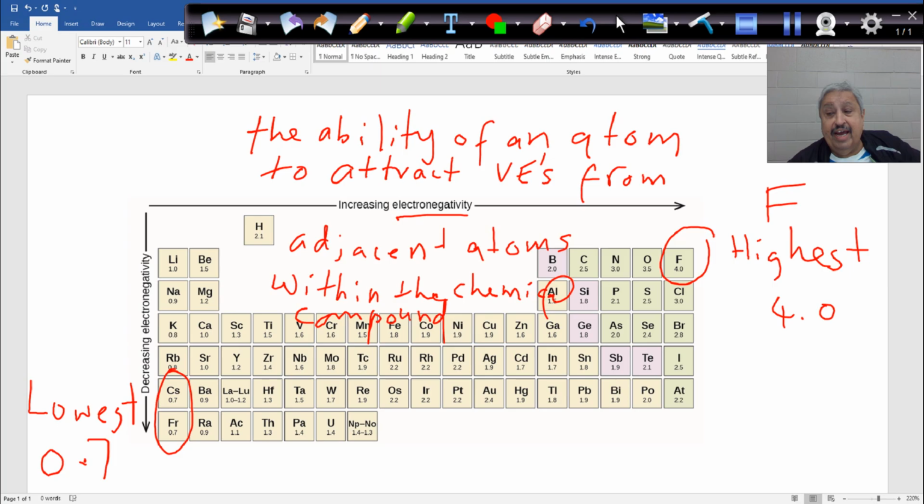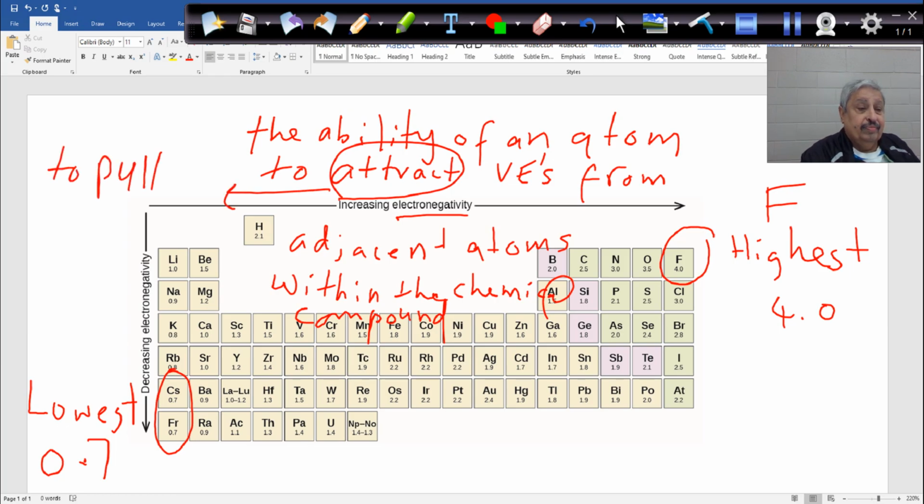So we have the highest one with that good ability to pull out those electrons towards itself. To attract means to pull in these VEs towards itself.